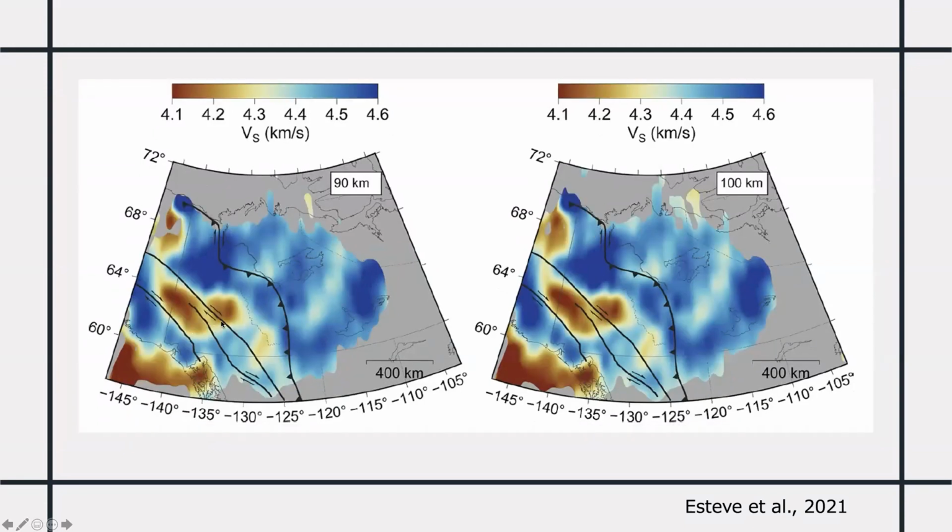And here at 90 kilometers depth and 100 kilometers depth, we are probably in the asthenosphere. So what we're seeing is probably some sort of upwelling. There could even be some magma associated with this, and then high velocities basically surrounding this. So we think that the lithosphere is much more complex than the simple sort of thick to thin transition that I originally told you about.